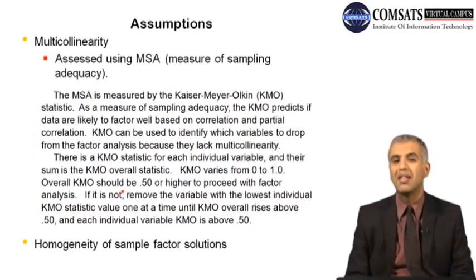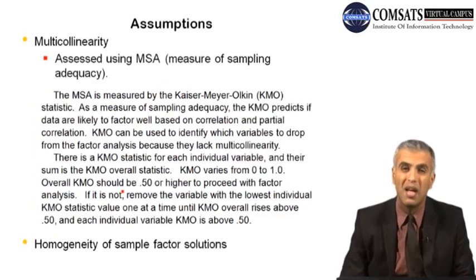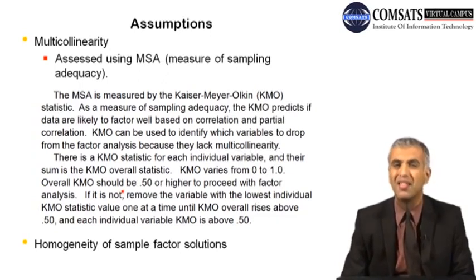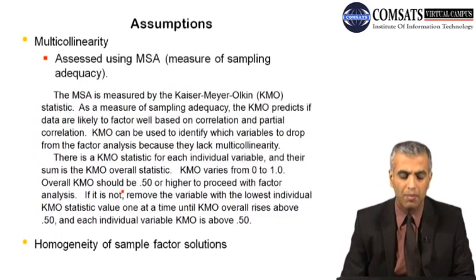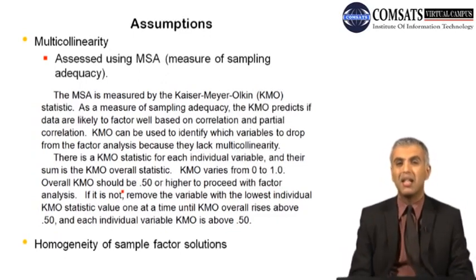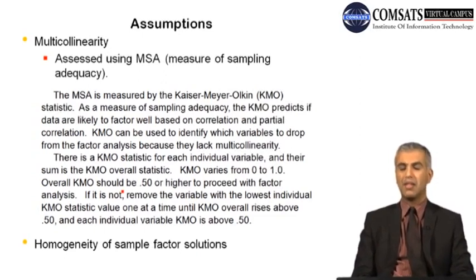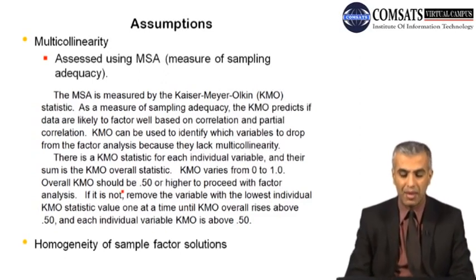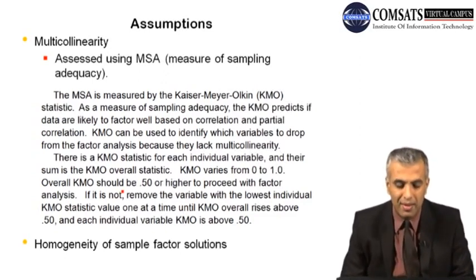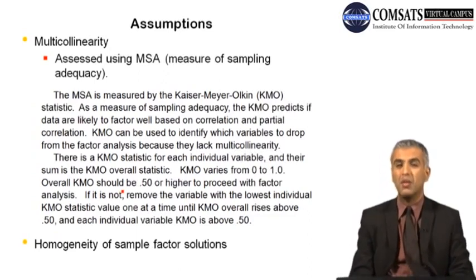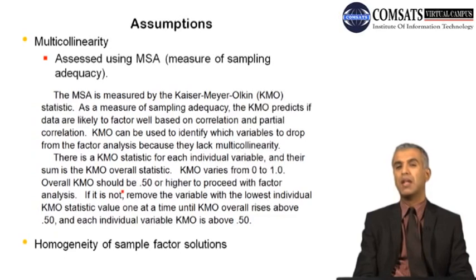Obviously we are more interested in correlation. The more highly correlated the variables are, the more satisfactory that is, but partial correlation becomes a problem, because it means that some other, third variable is involved in the explanation between these variables.